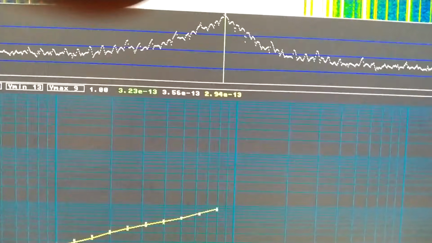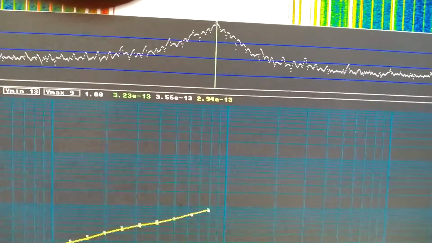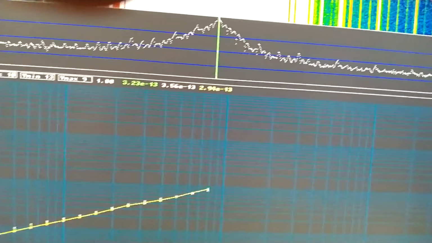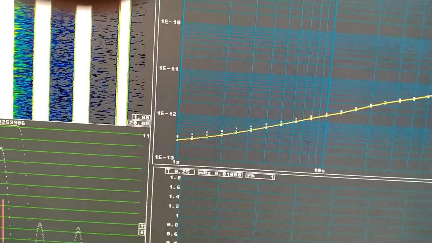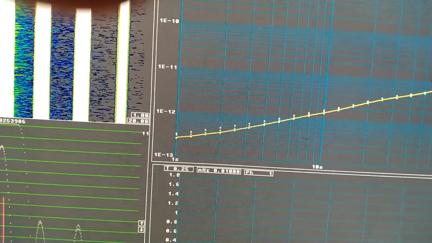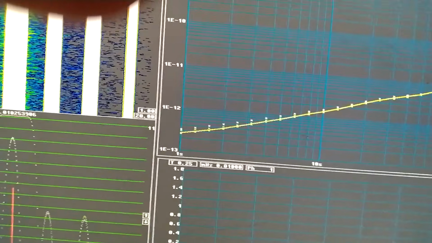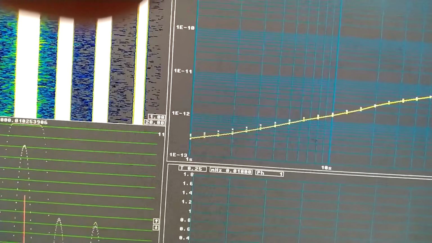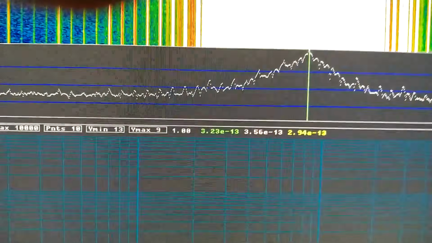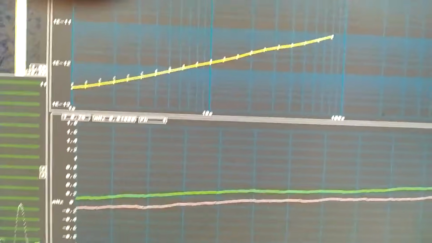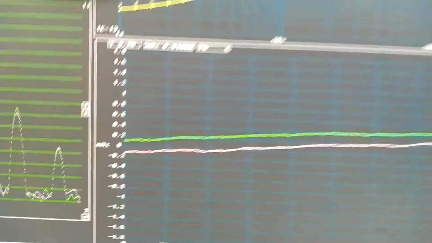3 times 10 to minus 13 is not bad for the Allan deviation at 1 Hz offset. The yellow result is the correlation between the two curves, and it is slightly better than each one separately. And frequency versus time.